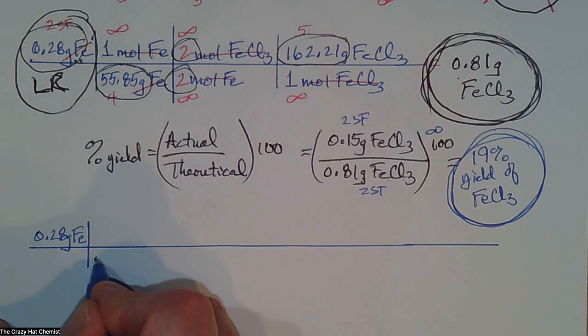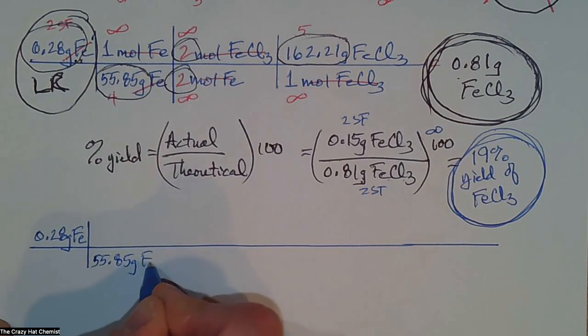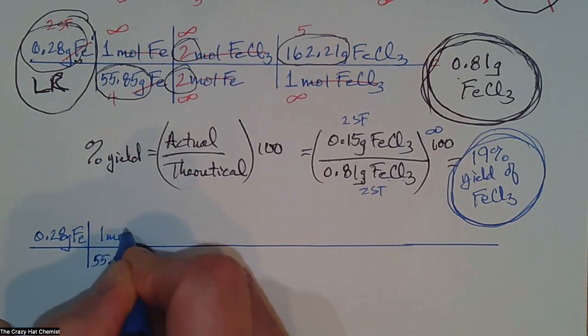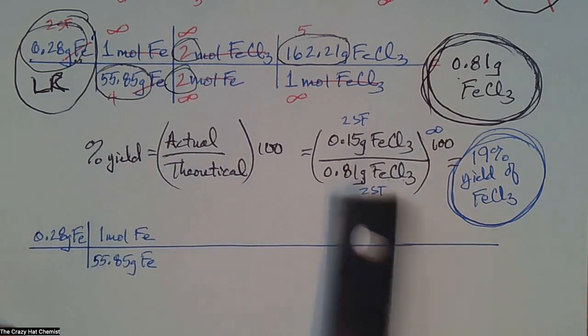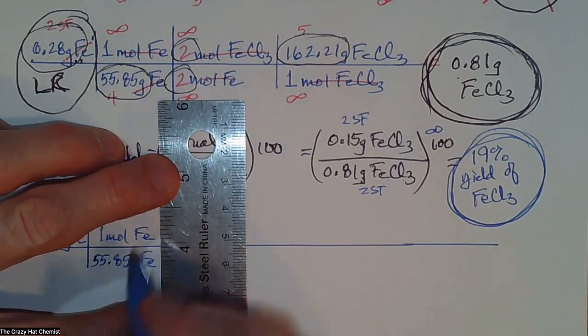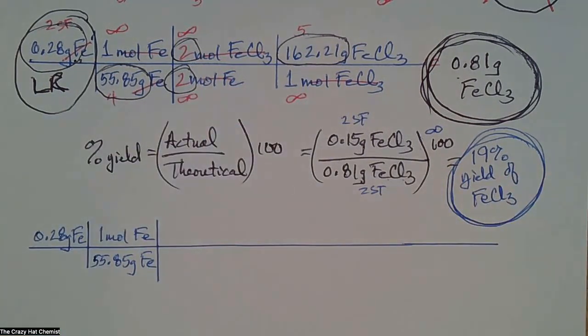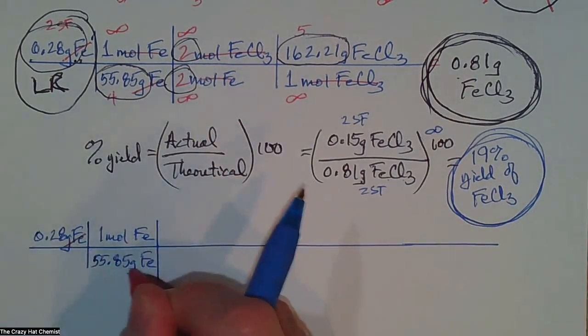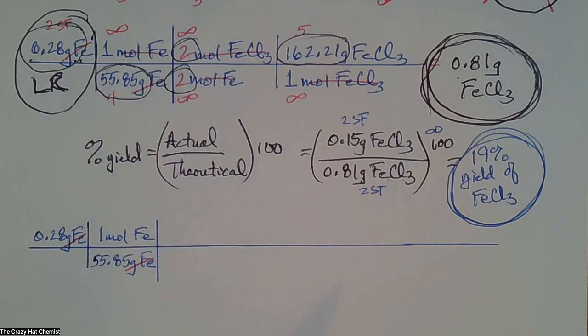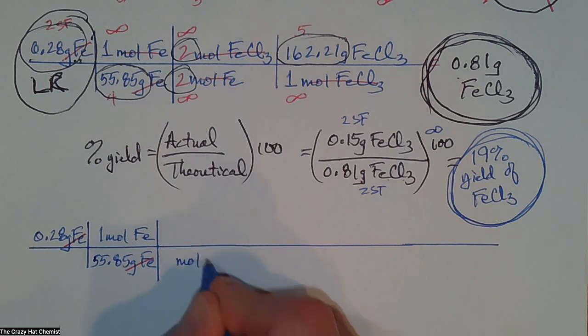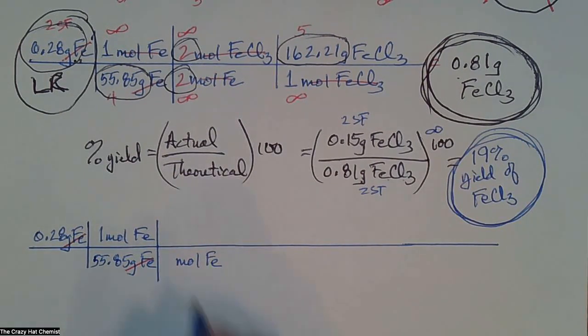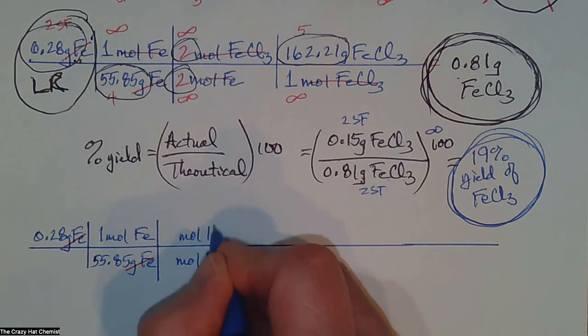So this will be fast. 55.85 grams of Fe is equal to 1 mole of Fe. And then from there, we should be able to see that grams of Fe cancels out. And we're getting really close to the end of this. I'm so excited. Then moles of Fe are going to go to moles of HCl.